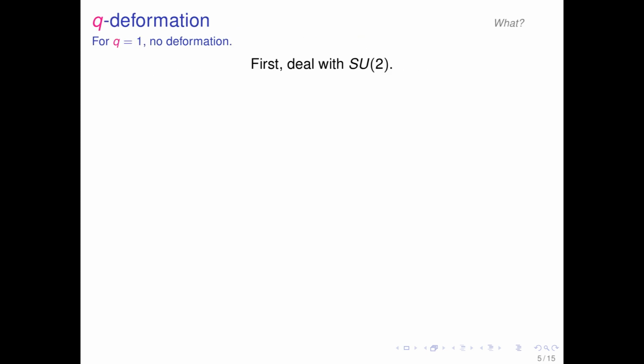So let me tell you first about q-deformation. What is it? Let's do it first for SU(2), it's simpler. If we have the Lie group SU(2), we can take its Lie algebra and construct the universal enveloping algebra, which briefly can be summarized as the algebra generated by three elements, sigma plus, minus, and sigma 3, which are the following matrices, with the following commutation relations.